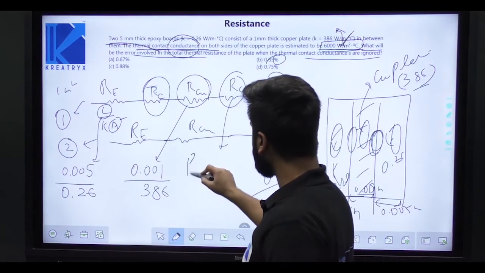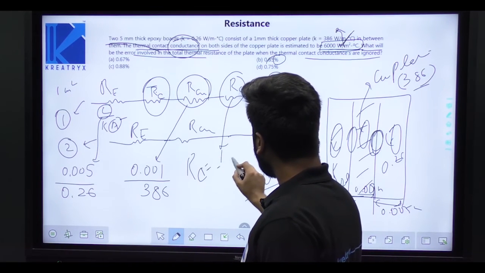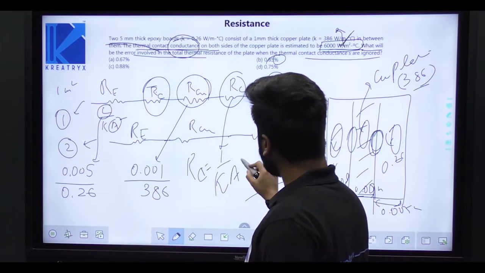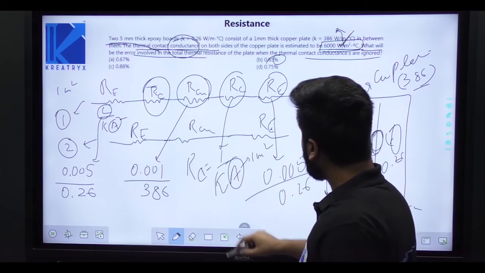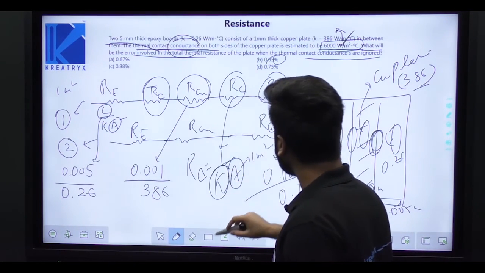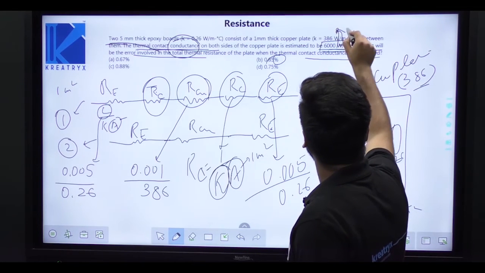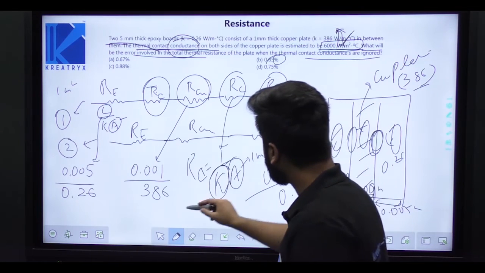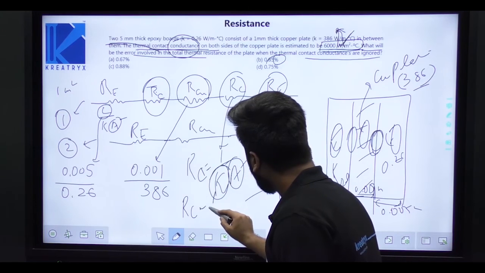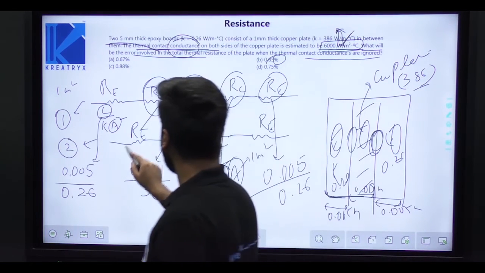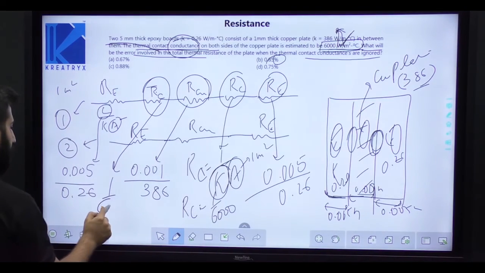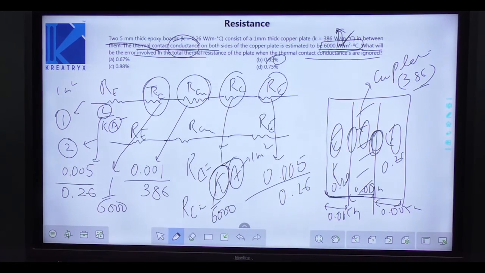Contact resistance will be the inverse of conductance. So RC is equal to 1 by hA. This A is 1 meter square, and this h has the units of heat transfer coefficient. So RC is equal to 1 by 6,000, and this RC will also be equal to 1 by 6,000.